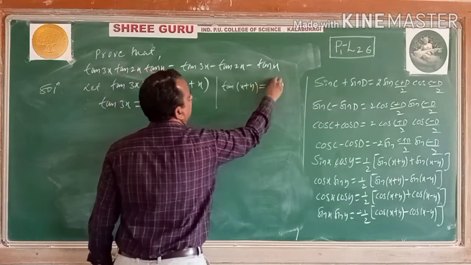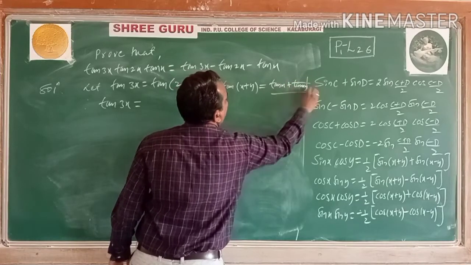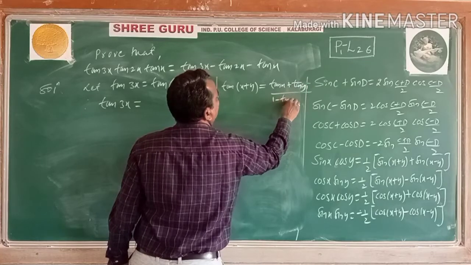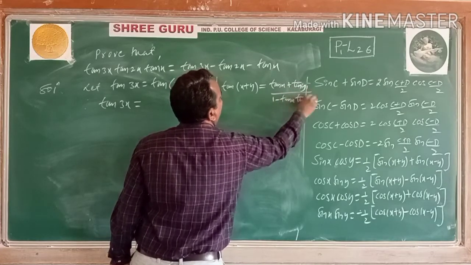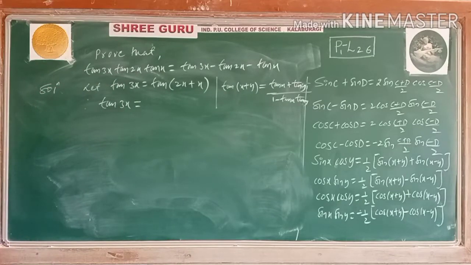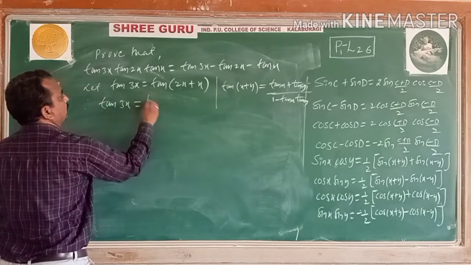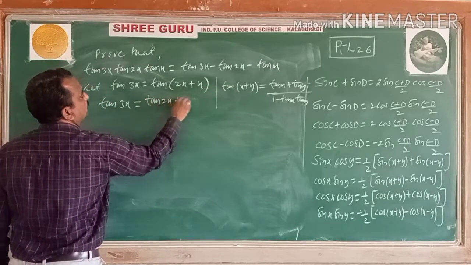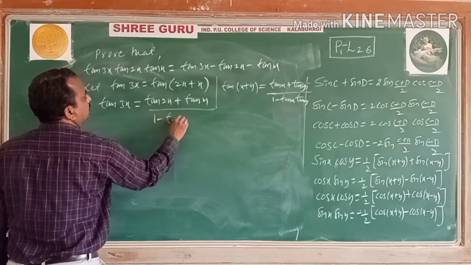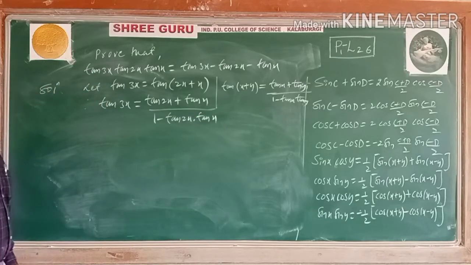Using the tan sum formula, tan x plus tan y divided by 1 minus tan x into tan y. Expanding this, tan 2x plus x in terms of tan of x plus y is tan 2x plus tan x divided by 1 minus tan 2x into tan x.